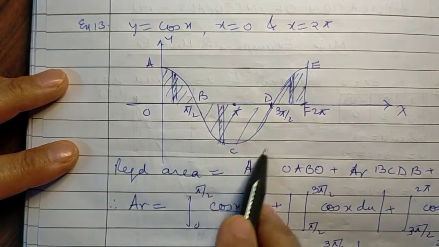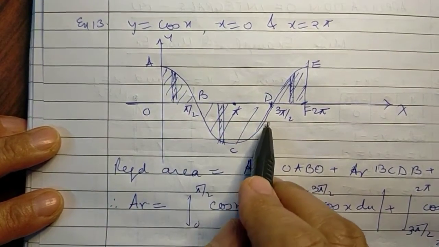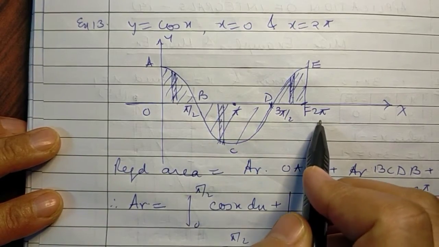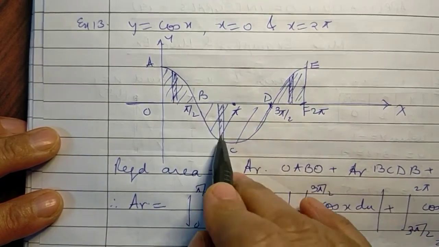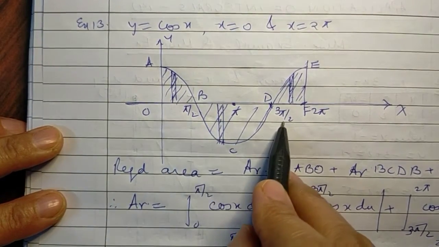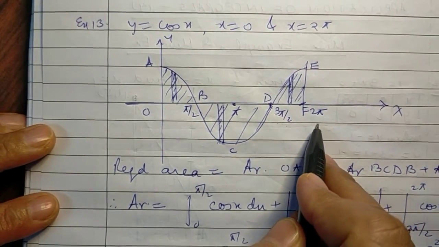Again the same kind of measure has to be taken. Though the entire area lies between the same curve and the same x-axis, we still have to split it into three areas, one from 0 to pi/2, one from pi/2 to 3pi/2, and the next one from 3pi/2 to 2 pi.